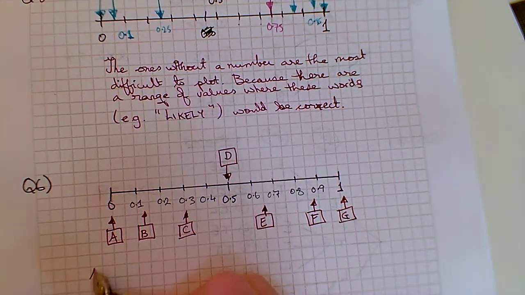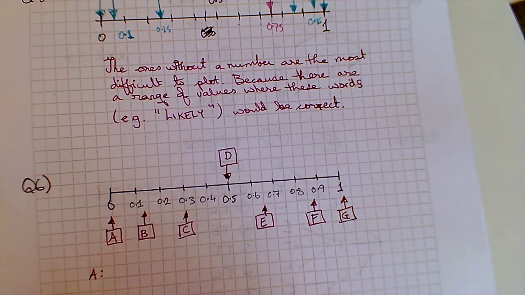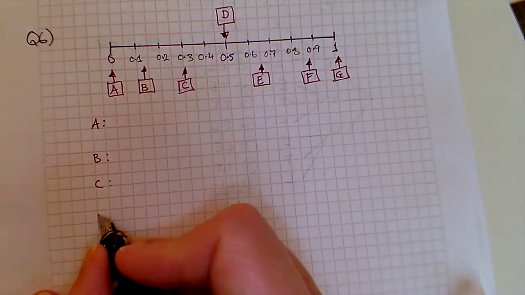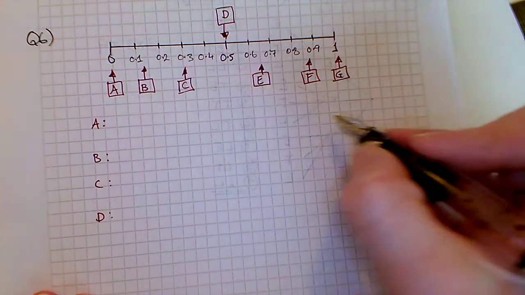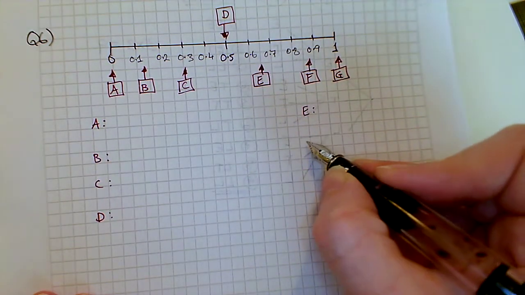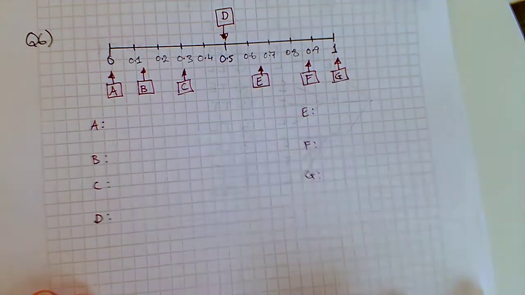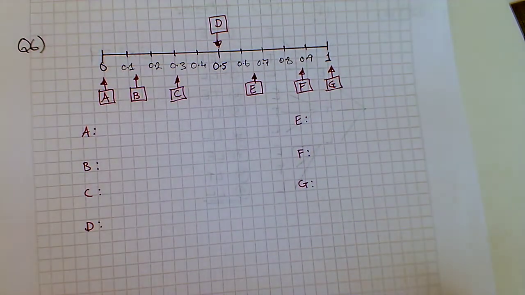So let's write down some different events here. A, B, C, D, E, F, G, and that's it. Make sure that you can see these. So A is something that's impossible.